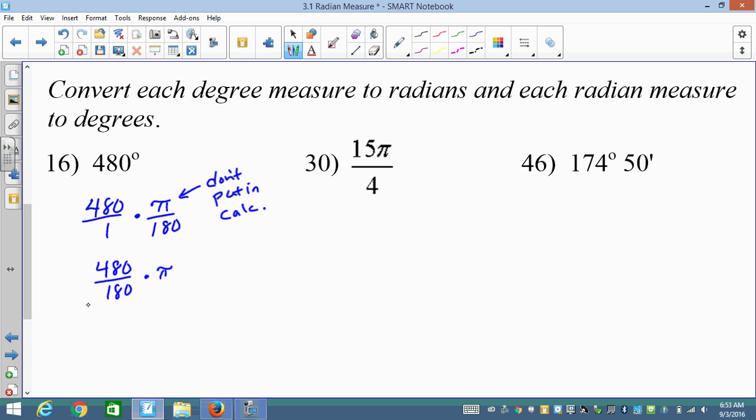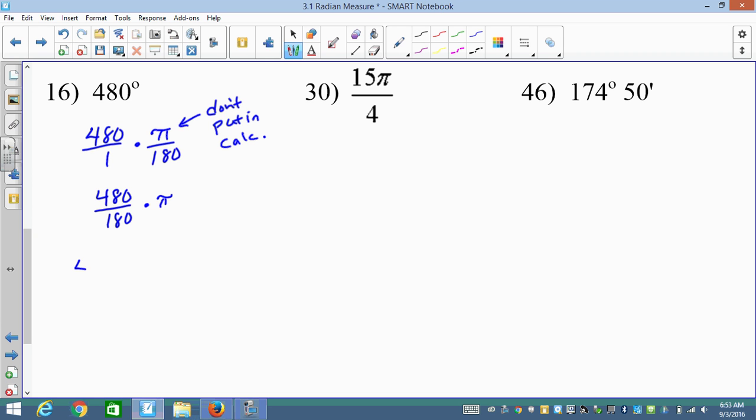When you put the 480 over 180 into your calculator, simply go through and put 480 over 180. So I'll type it in there. 480 divided by 180, and then hit your math button, and then enter, enter.